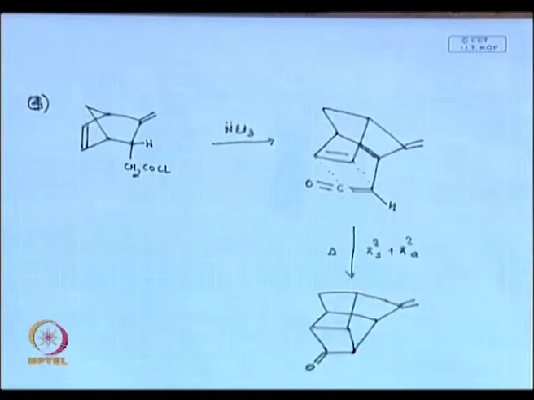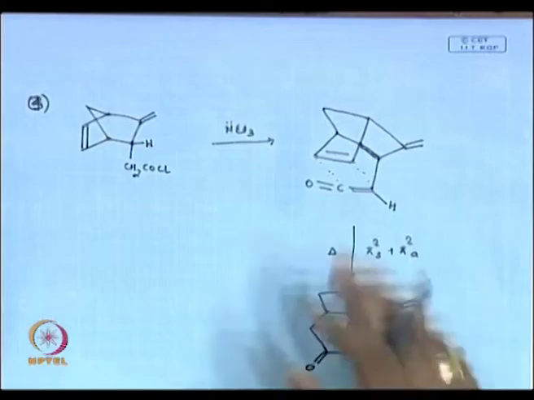So, you get a nice product like this. These are some examples of ketene with alkene systems.